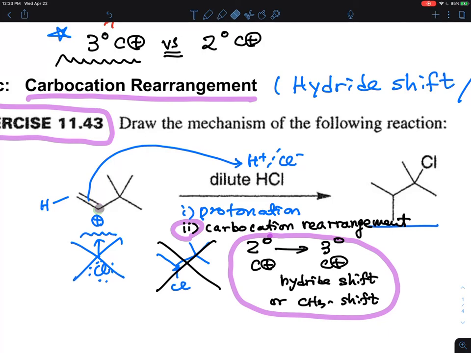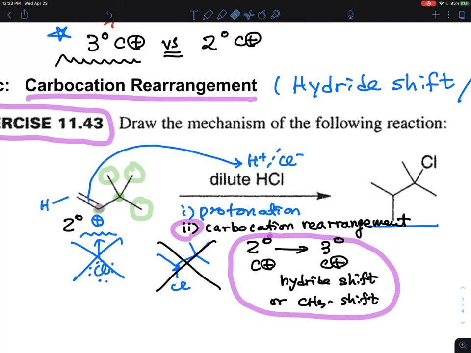That's for sure. But now you're seeing this neighboring carbon. This carbon has this attachment, right? This is a methyl attachment. So by doing so, they are going to go through the carbocation rearrangement, because this is a secondary carbocation.